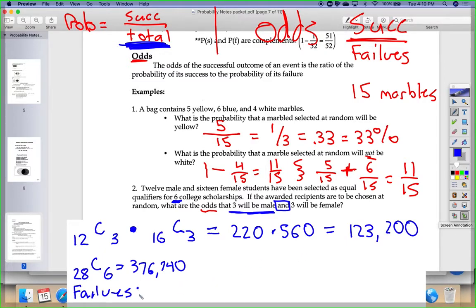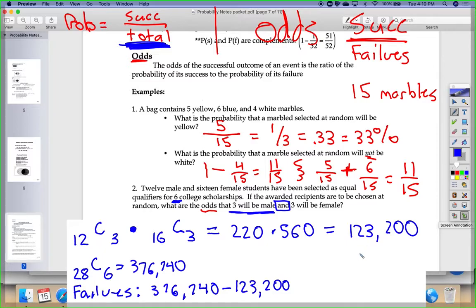The way to do that is take all of the groupings, 740, which are all the groups of 6, and subtract the successes, 123,200 successful groups. What does that leave me with?